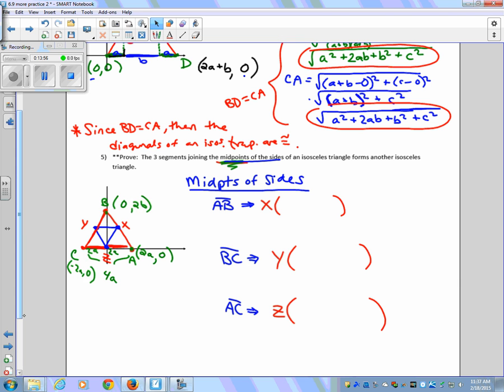To find the midpoint, we add the x's and divide by 2. So the midpoint of AB: 2a plus 0 over 2, and 0 plus 2b, which is just 2b over 2. See how doubling everything makes this nice and easy? That's (a, b).